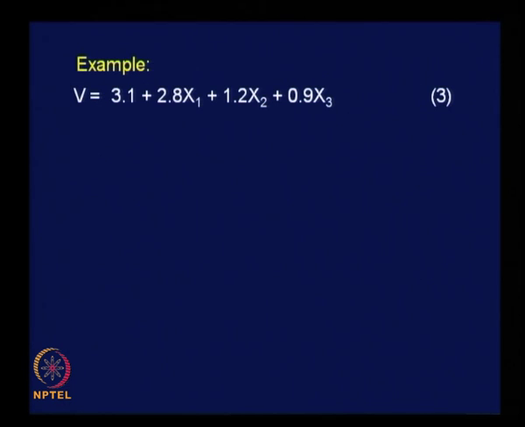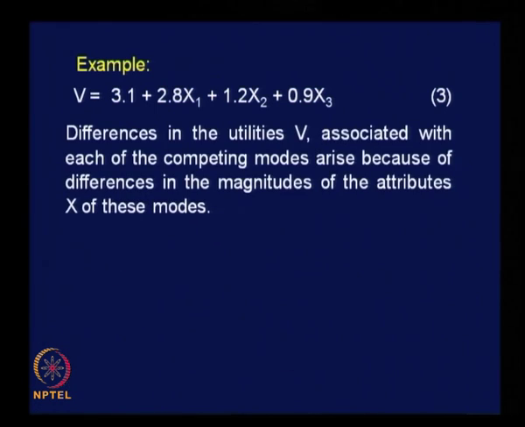Even though coefficients are same, the values of x1, x2, x3 is going to make a difference. So differences in the utilities, namely V, associated with each of the competing modes arise because of differences in the magnitudes of the attributes x of these modes. That is how you are likely to get different V values for different alternatives.